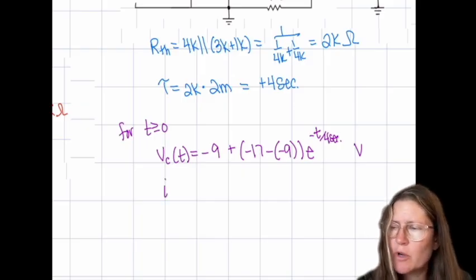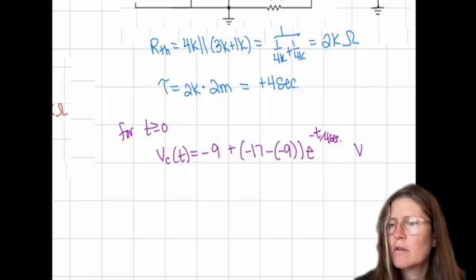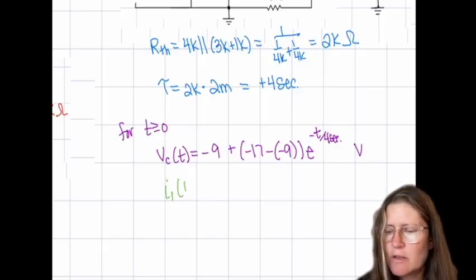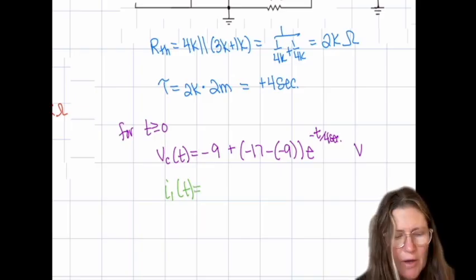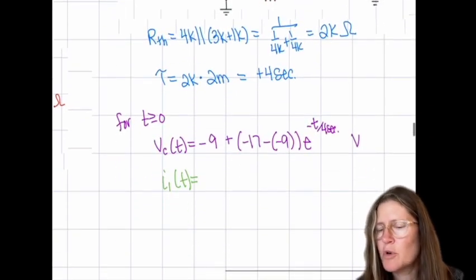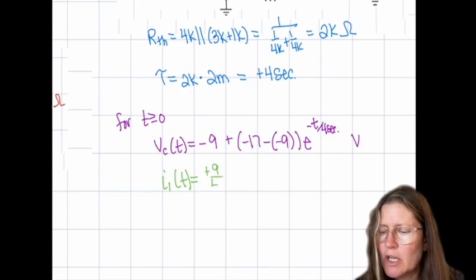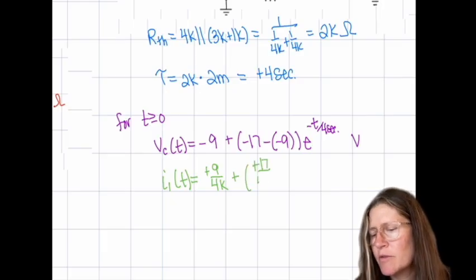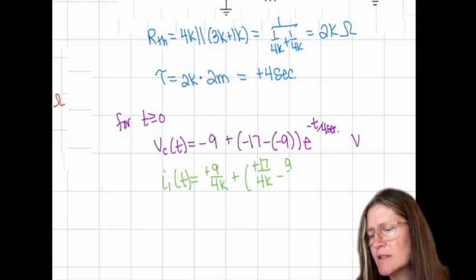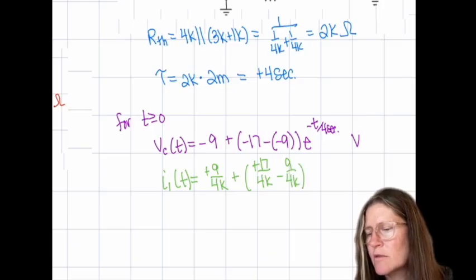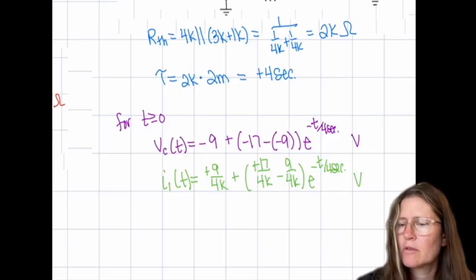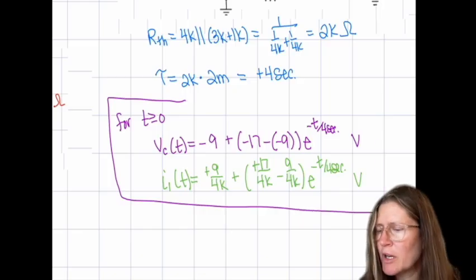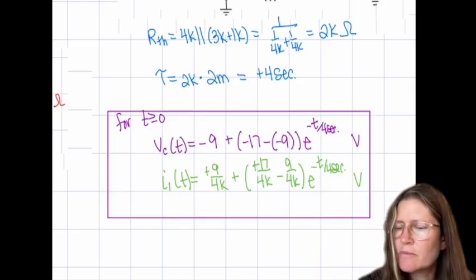And for I1, green, I1 of t, the final was the 9 over 4K, plus 9 over 4K, and then a plus 17 over 4K minus 9 over 4K, e to the minus t over 4 seconds. So these will be our final value expressions.